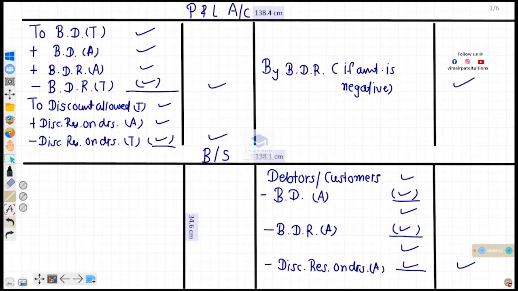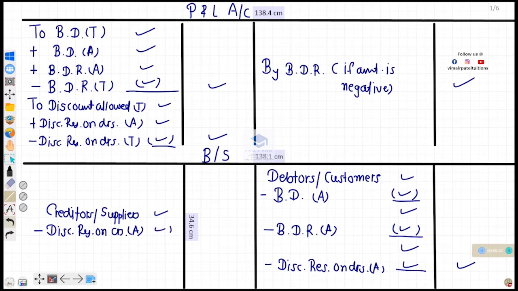Same way, there may be discount reserve on creditors also. So it will appear on the liability side, after giving effect of purchase and purchase return. It will appear on the credit side of P&L account.